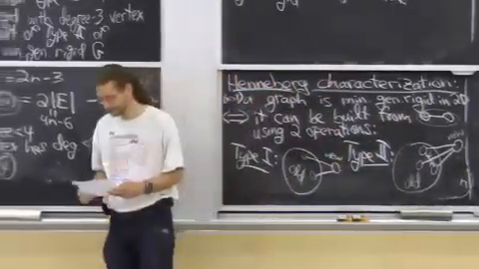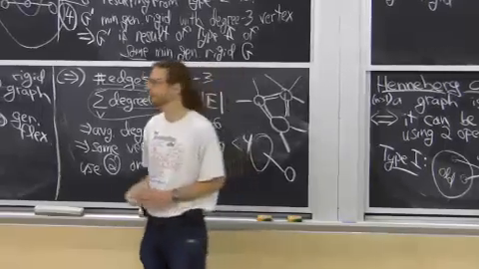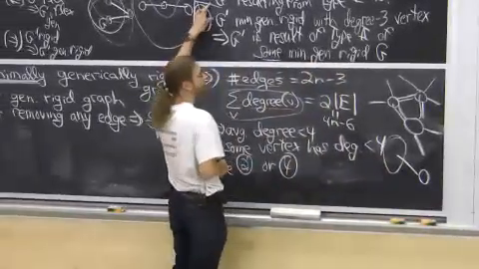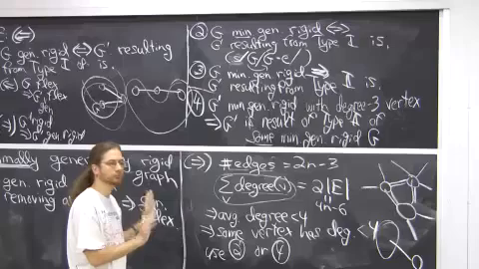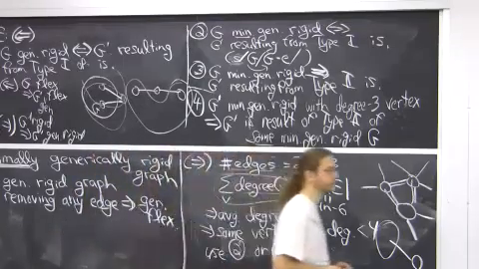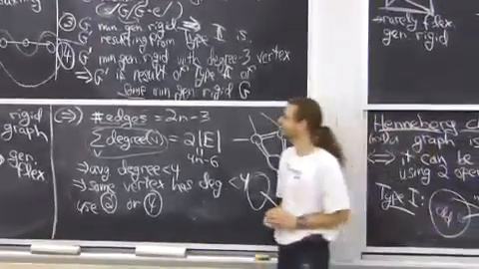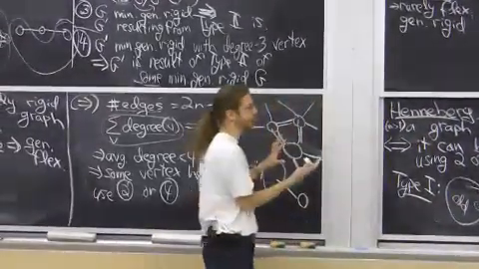Questions? Obviously, I elided a couple of key details here. But other than that, it's pretty straightforward. Yeah? What if you have more edges than you need? If I have more edges than you need, then this does not capture such structures.